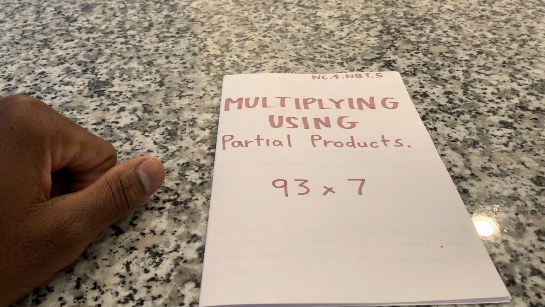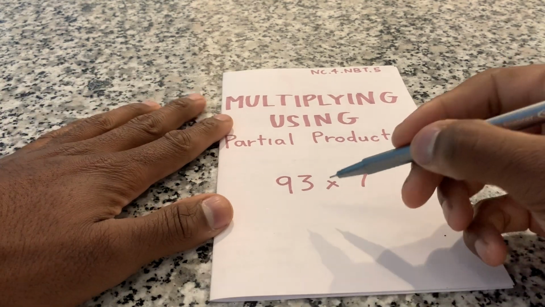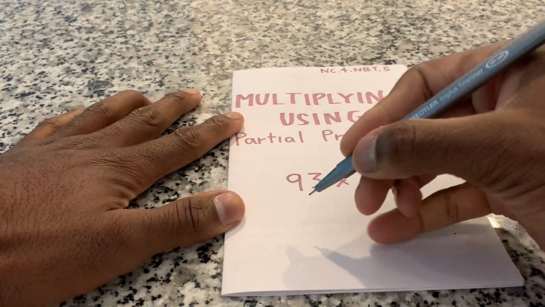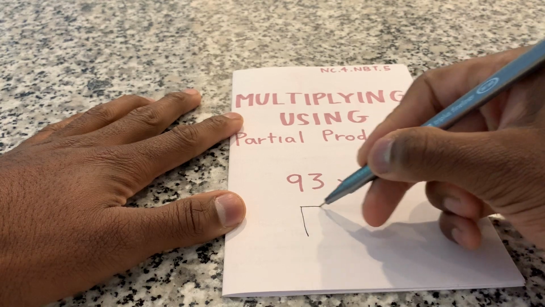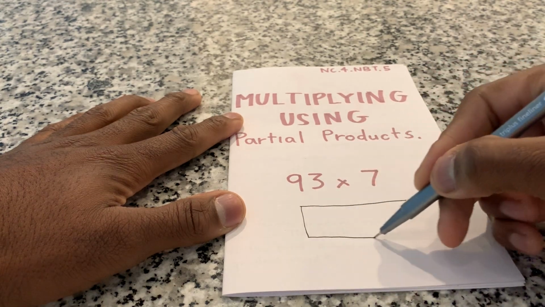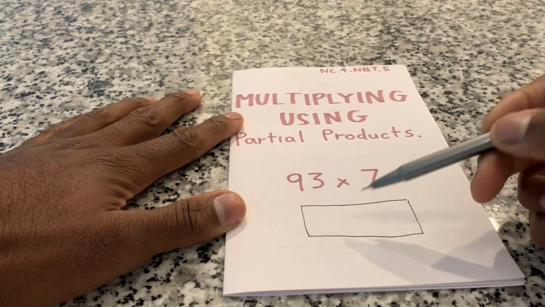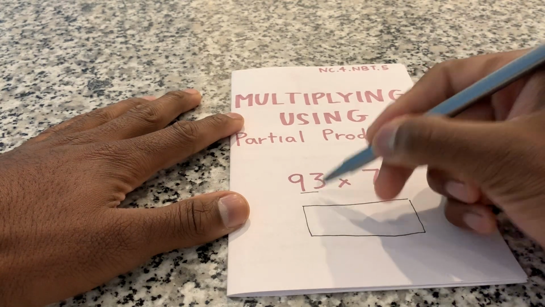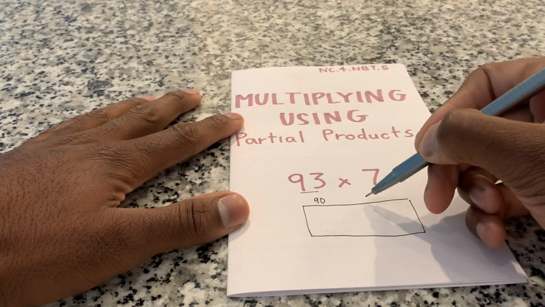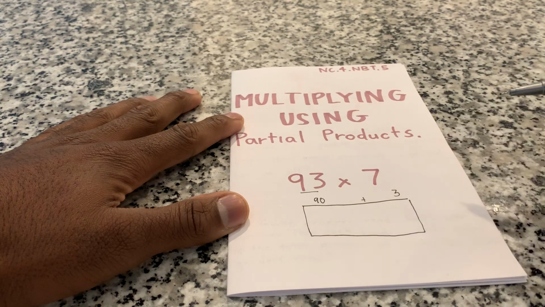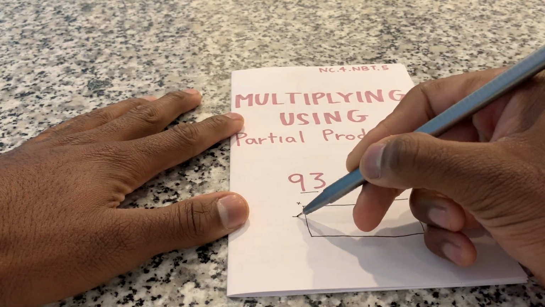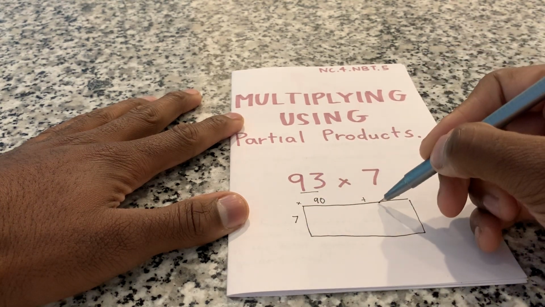Now, like I mentioned before, we've multiplied using an area model. As a quick recap, you'll remember we drew a rectangle and decomposed this number into 90 plus 3. We then multiplied it by 7.